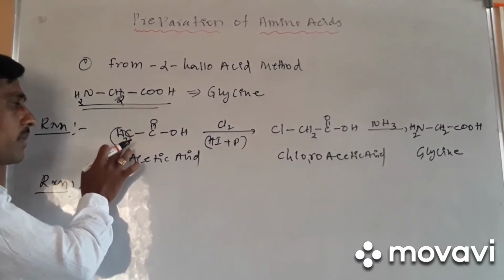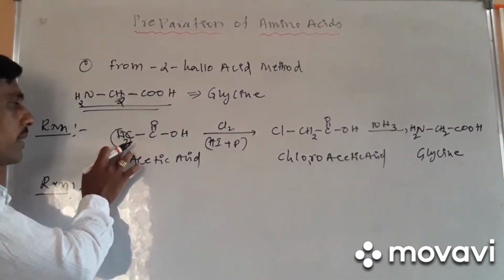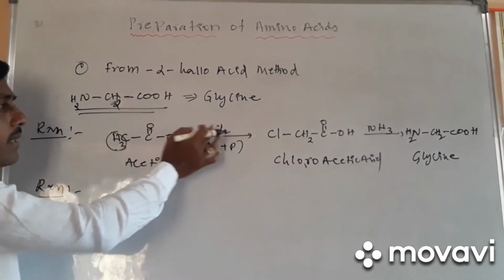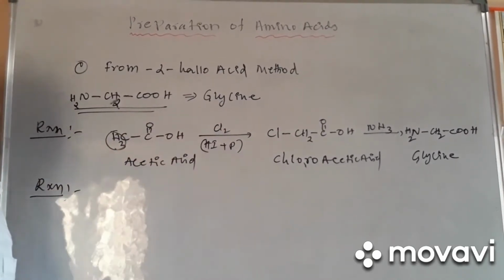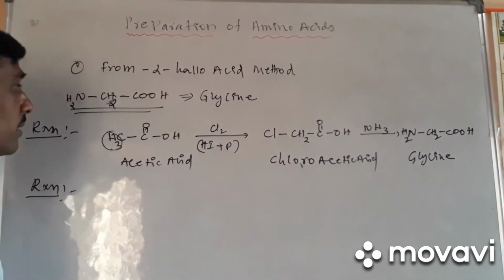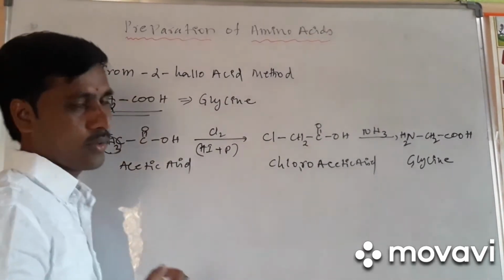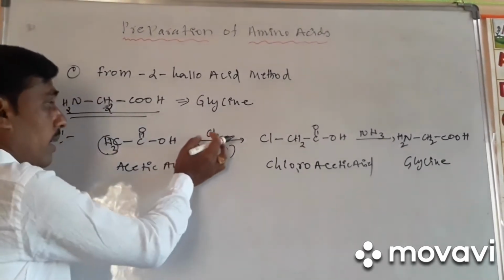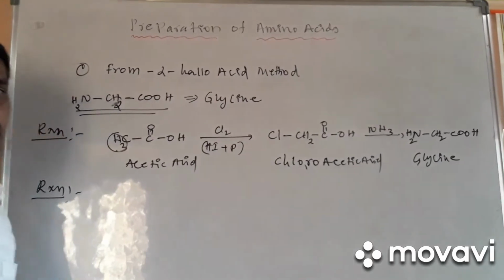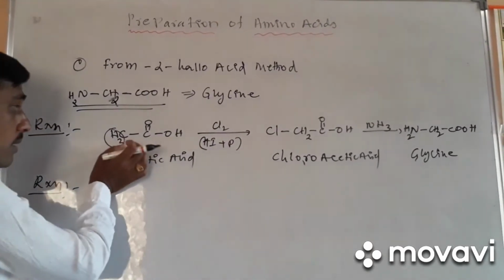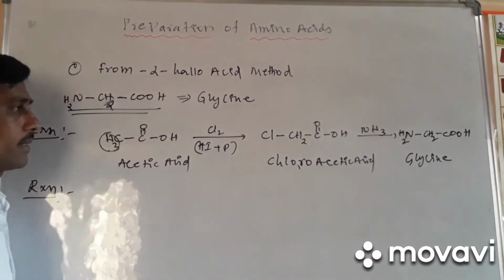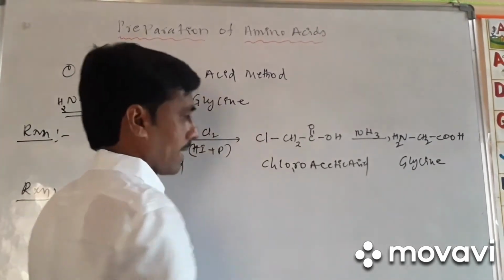Of these 3 acidic hydrogens, one hydrogen reacts with one atom of chlorine to produce hydrogen chloride. The other chlorine atom reacts with the acetic acid to produce chloroacetic acid.